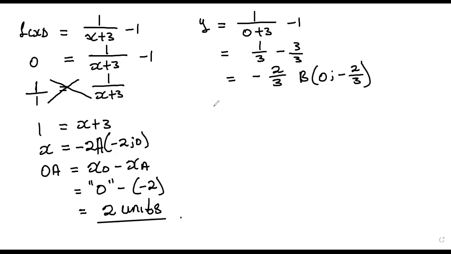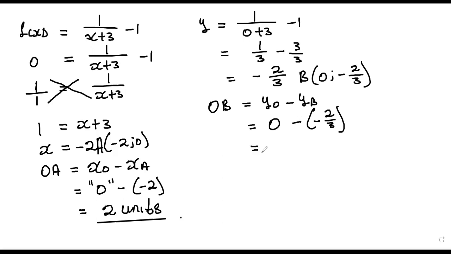So if I must find the distance OB, I'm just going to say the y value at O minus the y value at B. The y value at O is going to be 0, it's the origin, and the y value at B is negative 2 over 3.